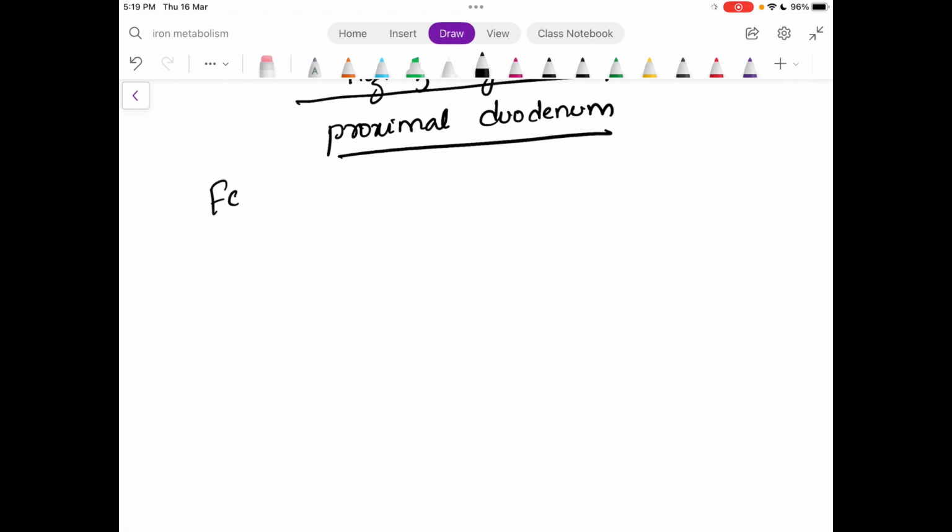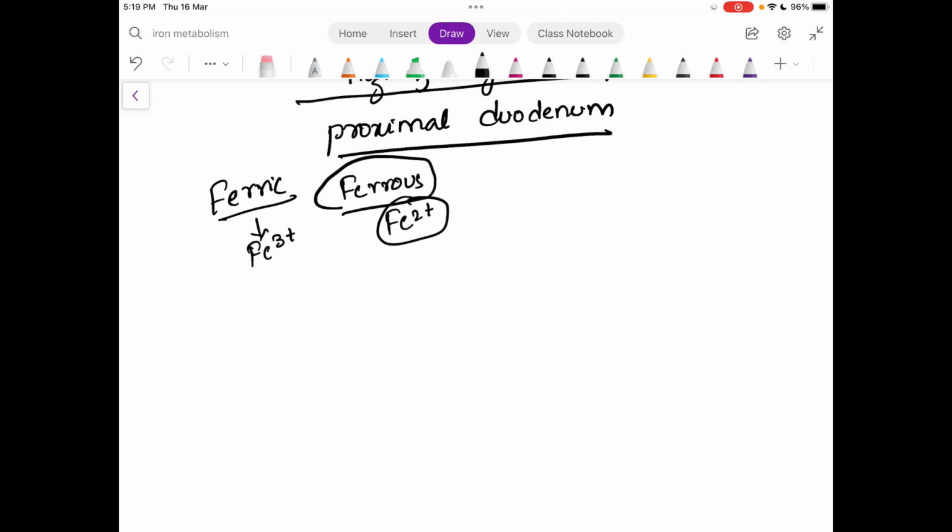In diet, the iron may be in the form of ferric, that is Fe3 plus, or in the form of ferrous, that is Fe2 plus. This Fe2 plus is easily absorbed. This Fe3 plus cannot be absorbed into the intestinal cells.